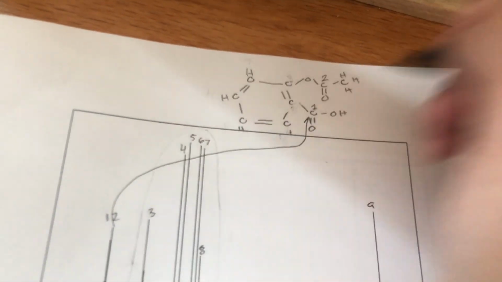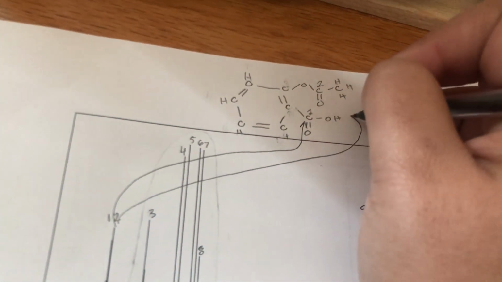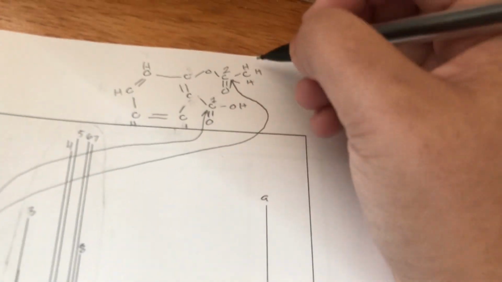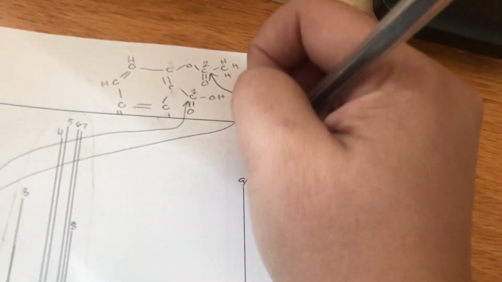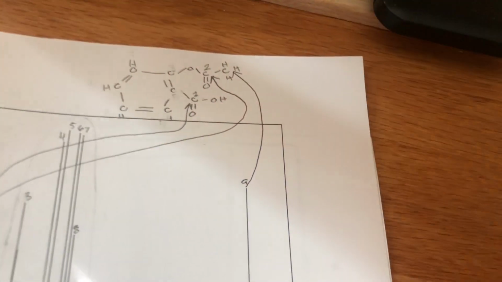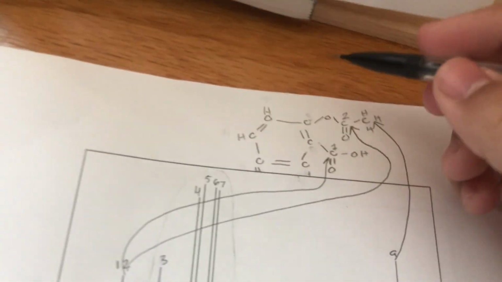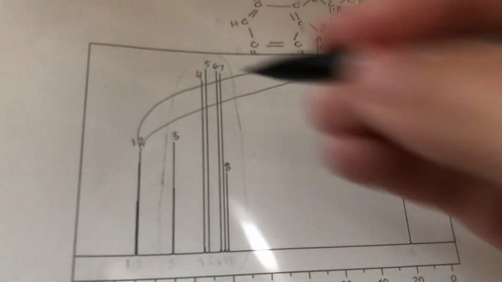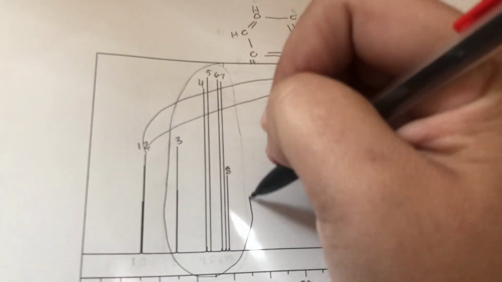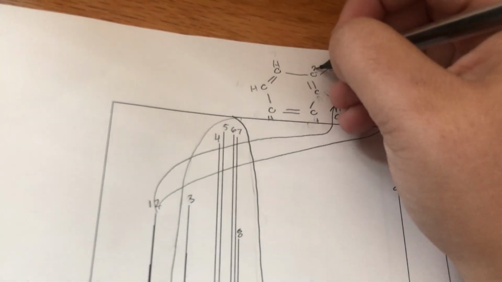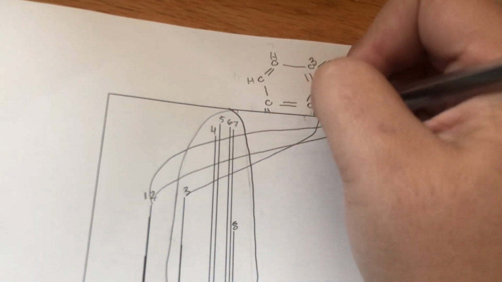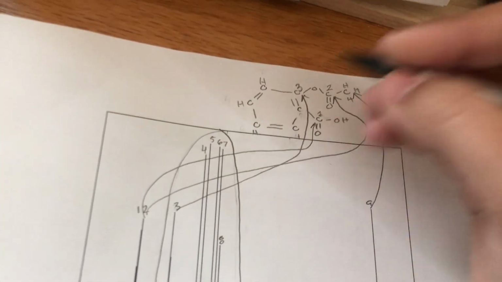So let's connect those 2 right now. Here's 1, and the other one is 2. And if we look right here, this carbon is actually the least deshielded. So this one is going to be 9. And now we have to look at the carbons that are in the ring, because that's what these carbons are right here. So let's see. Number 3 is going to be this carbon, so let's connect that in there.